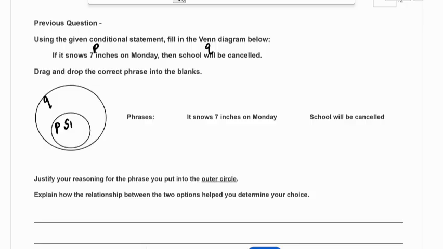So snows 7 inches was in the little, and canceling school goes in the larger circle because it's Q. Now we have to explain the relationship between the two options, to focus on why we put Q, canceling school, out here in the bigger circle. Why did we do that?